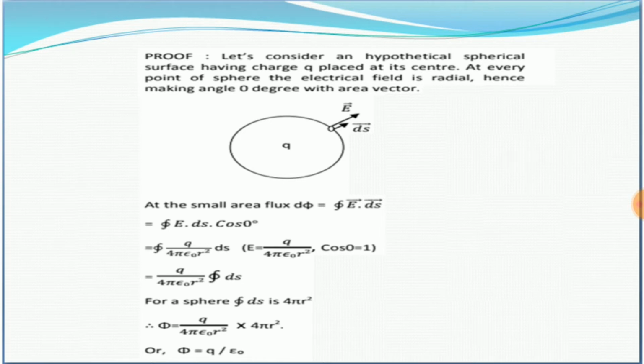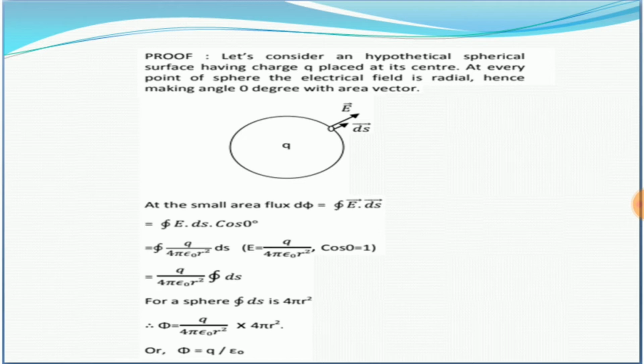Proof of Gauss theorem. Let's consider a hypothetical spherical surface having charge Q placed at its center. At every point of the sphere, the electric field is radial, hence making angle 0 degree with the area vector. At a small area, d phi is equal to closed integral vector E dot ds vector. So closed integral E ds cos theta, where the value of theta is 0, so cos 0.